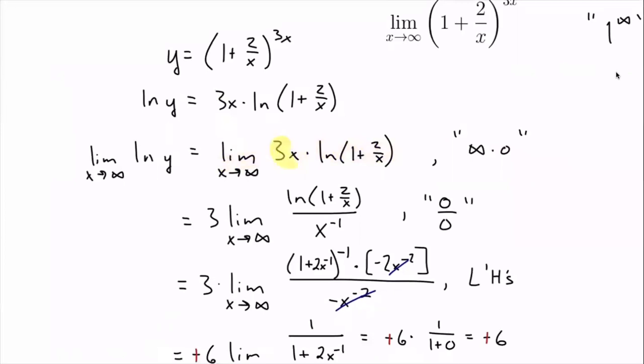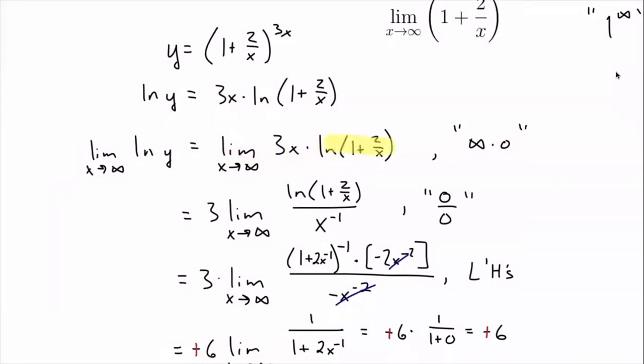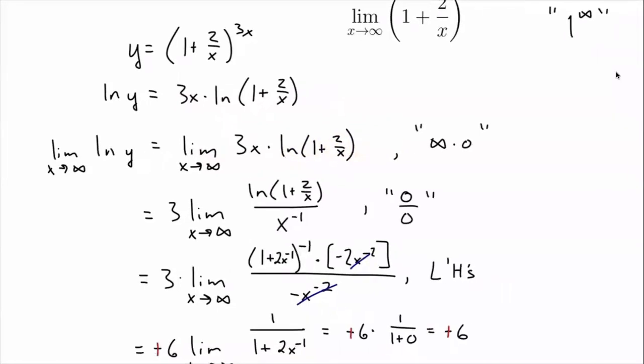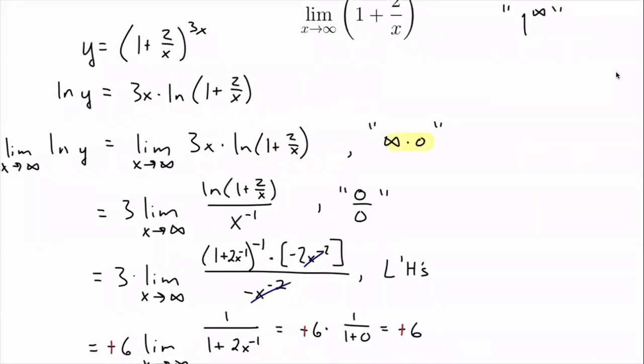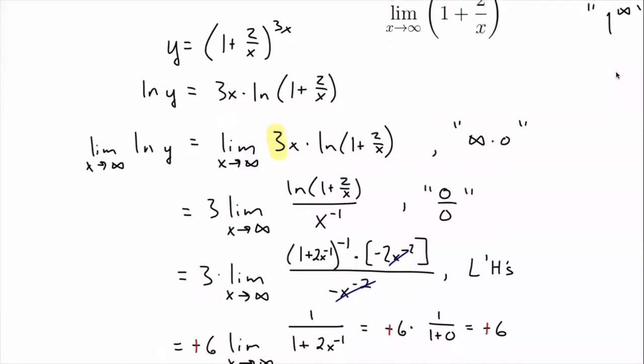Well, x is going to infinity, so 3x is going to infinity. x is going to infinity, so 1 plus 2 over x is going to 1. This is 1 plus 0, essentially. Natural log of 1 is 0. So we have infinity times 0. We have an indeterminate product. So let's just factor this 3 out of the situation altogether and push the x into the denominator.